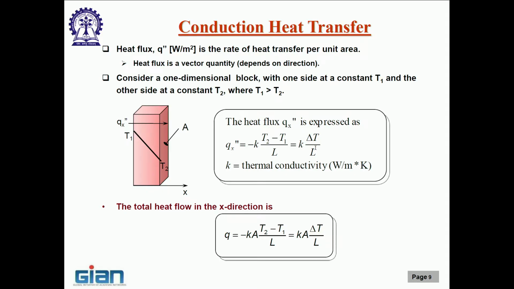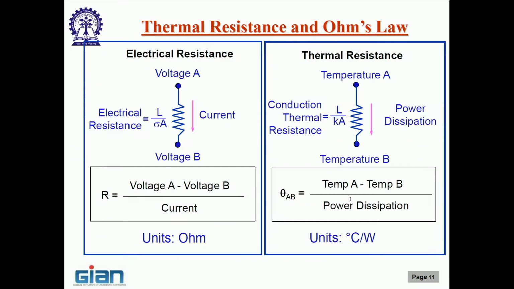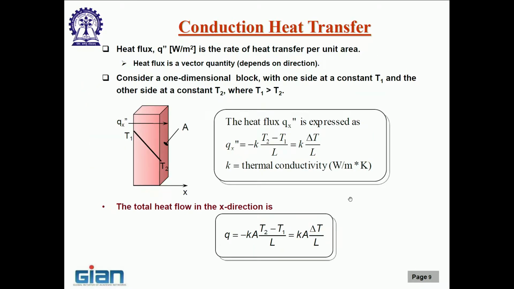Now, if I just recast the conduction heat transfer equation into the heat flux equation, then Q double prime is K delta T over L. And similarly, for convection we just talked about Q double prime is H delta T. Any questions so far?